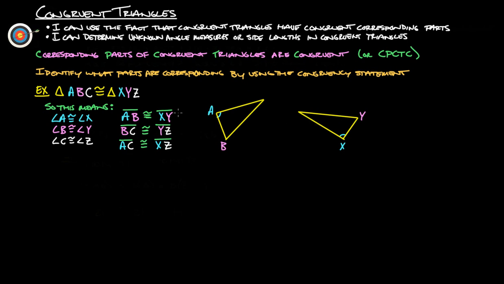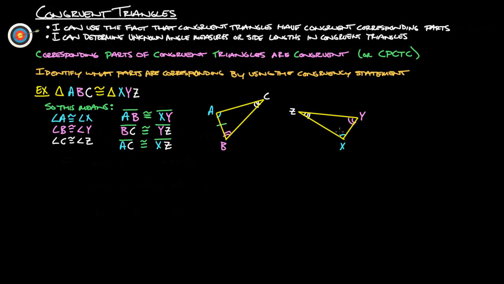We know that this angle here, this B, is congruent to angle Y. We're basically doing the same thing up here. And then we also have that this C is congruent to that Z here. So that's 3, and that's 3. Now, that also means that AB is congruent to XY.